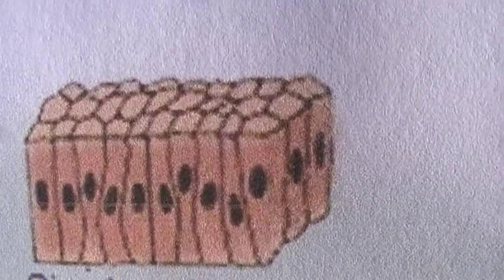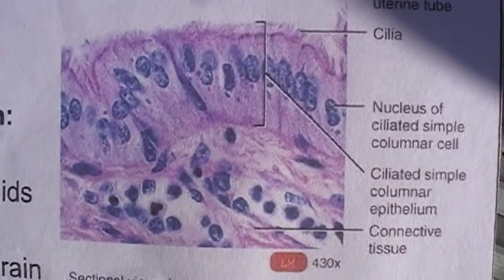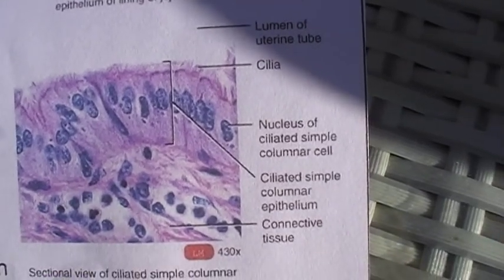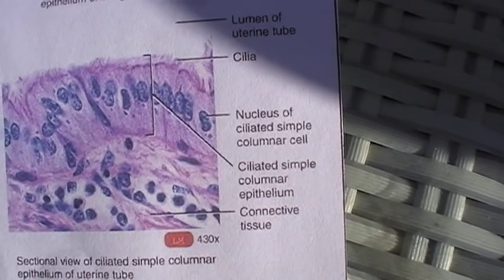So simple columnar lines the GI tract. Ciliated simple columnar, which looks the same but is not as easily identifiable in this version, provides motility and helps move fluids along.